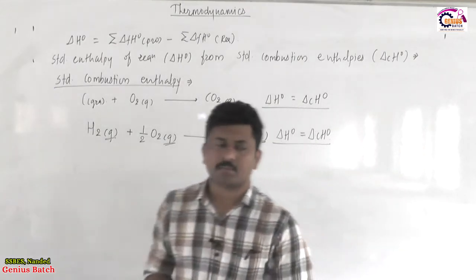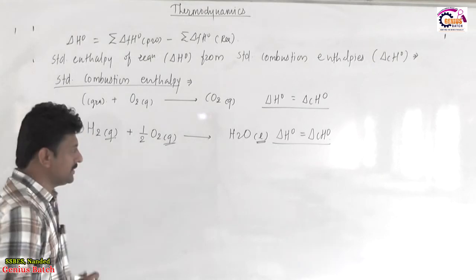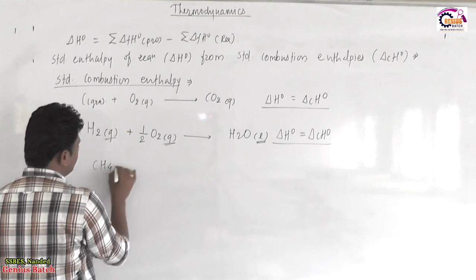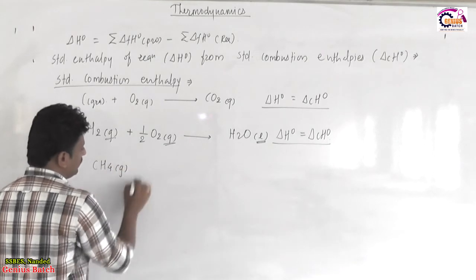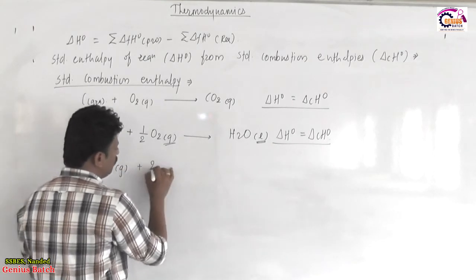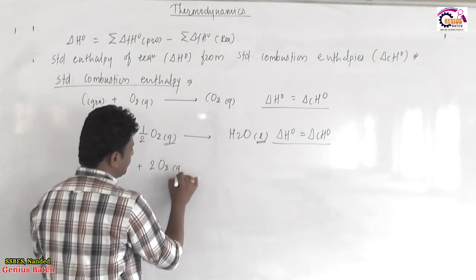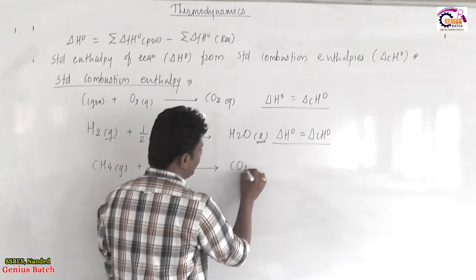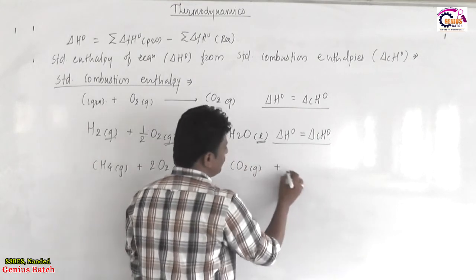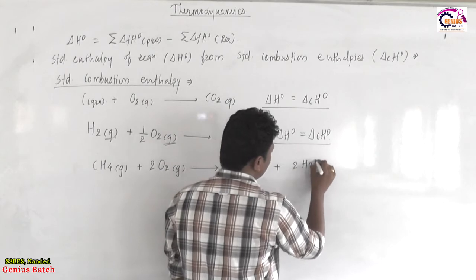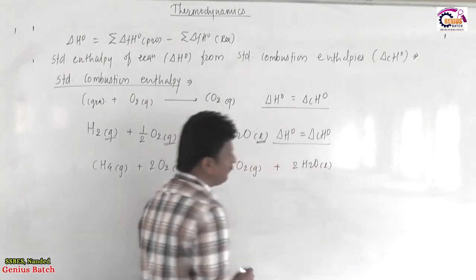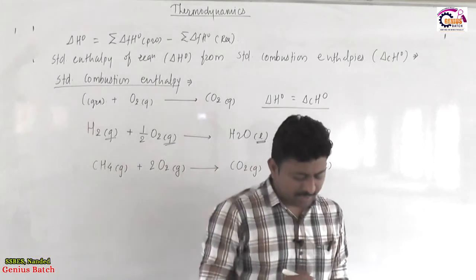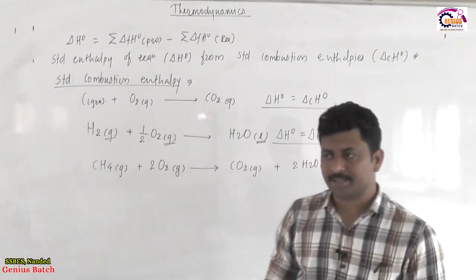We'll move to some more examples. Suppose a hydrocarbon is there, a simple one, methane. Methane in a gaseous state combines with two molecules of oxygen in gaseous state, and is converted into CO2 gaseous plus 2 H2O liquid. Now, the reaction is a completely balanced combustion reaction.